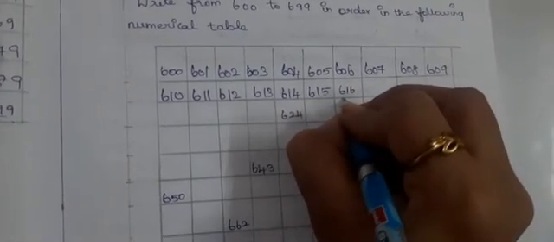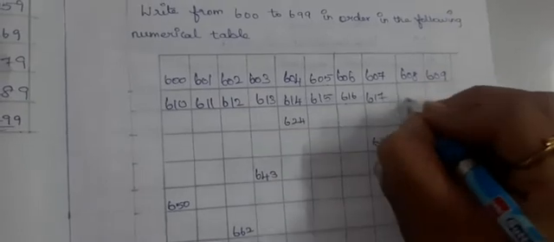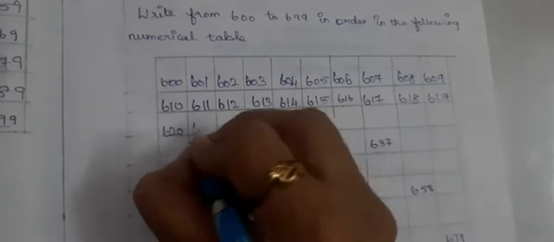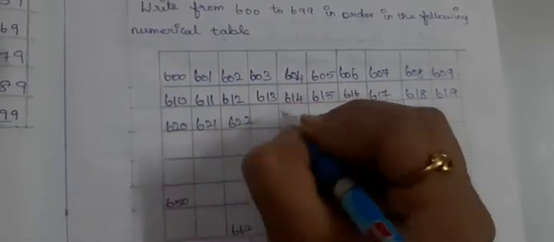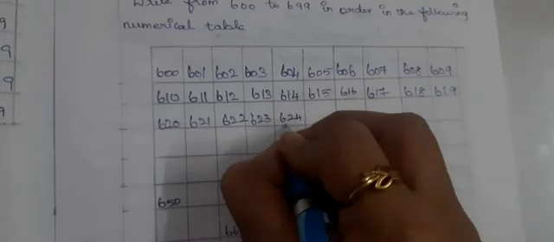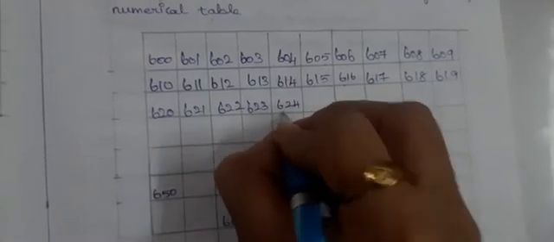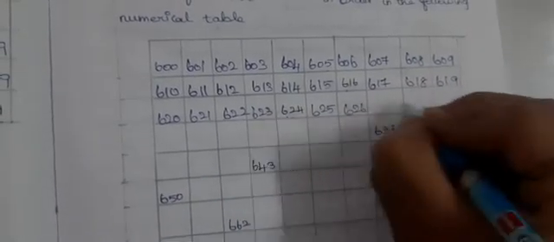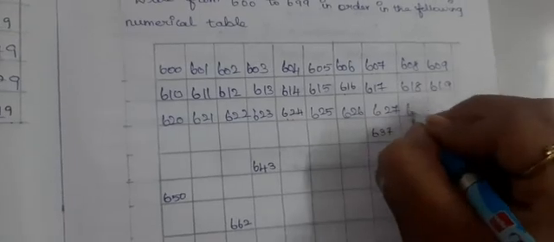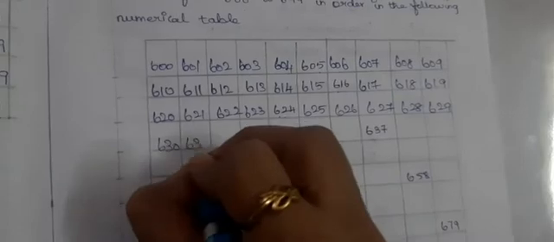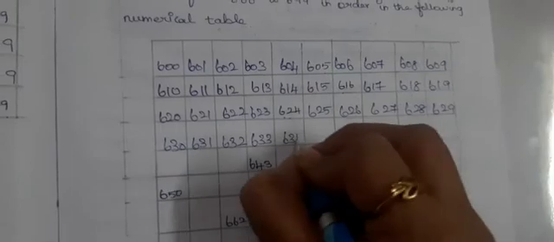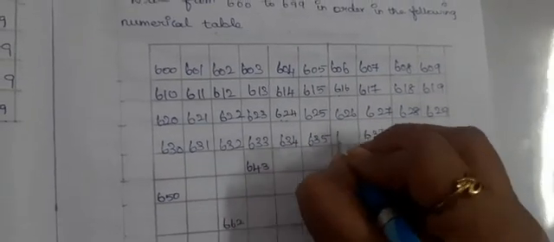So the next number of 616 is 617, 618, 619, 620, 621, 622, 623. They have given 624. So what is the next number of 624? 625, 626, 627, 628, 629, 630, 631, 632, 633, 634, 635, 636.